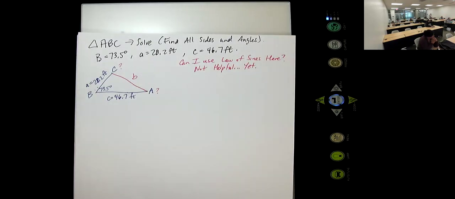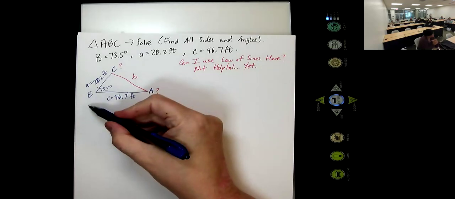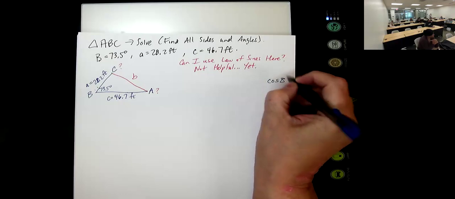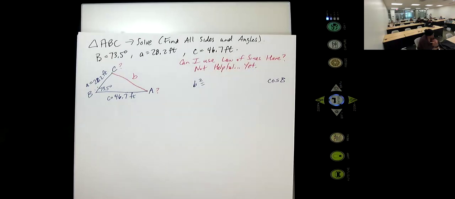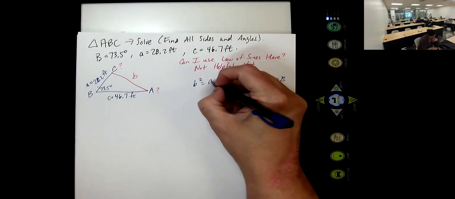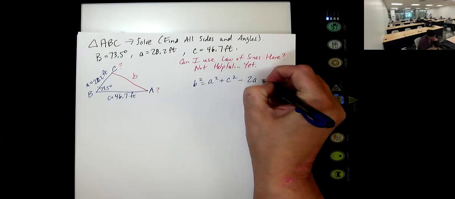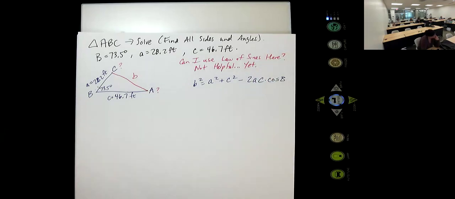So let's just jump to our law of cosines. We have angle B, so that will be what I have at the end, a cosine B, which means I'm working with B squared on the other side. The two remaining sides are A squared plus C squared, and then I do minus 2AC, the sides that are on the same side. We'll plug in what we have.